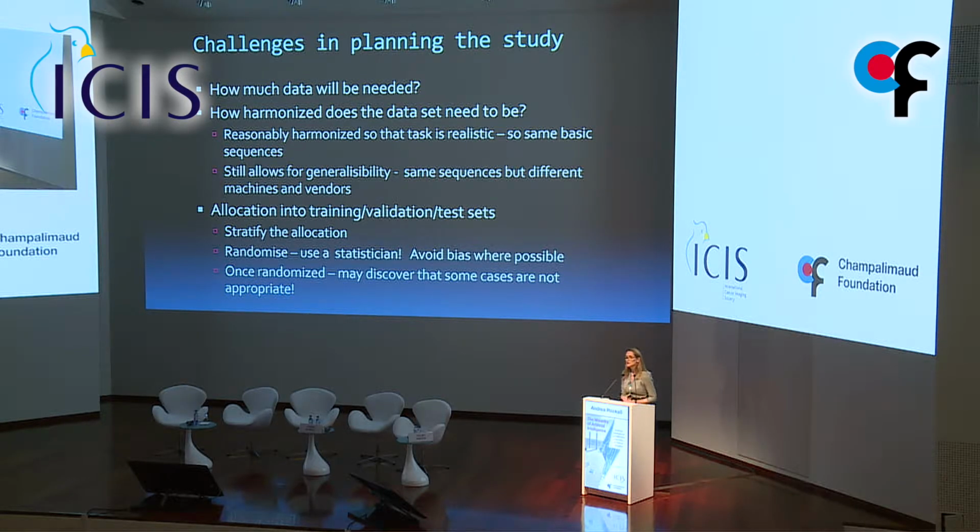Nonetheless, we still want to allow some generalizability, so we want the same sequences, but from different centers, different machines, different manufacturers, so that we get some differences that we can get a good algorithm, but not that are so disparate that we can't actually train anything.